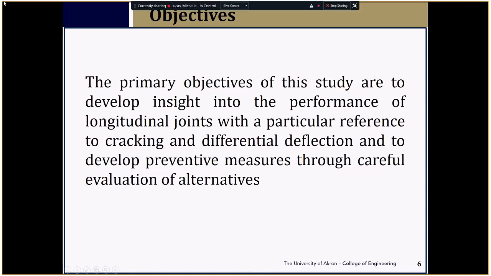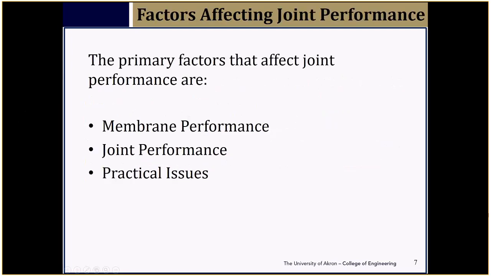And then once the study was complete, we had to come up with some kind of preventive measures. So the three major factors we studied in this project were membrane performance, joint performance, and some practical issues, including implementation.